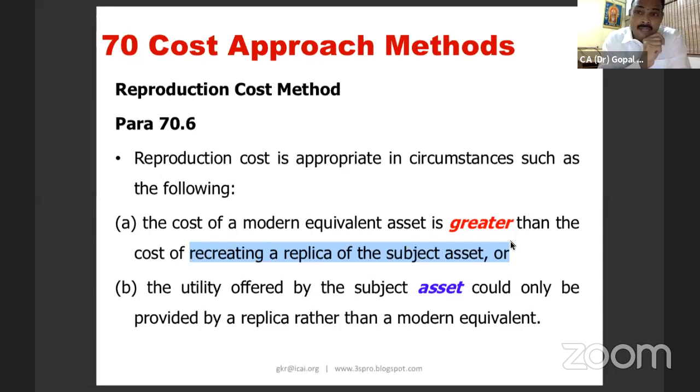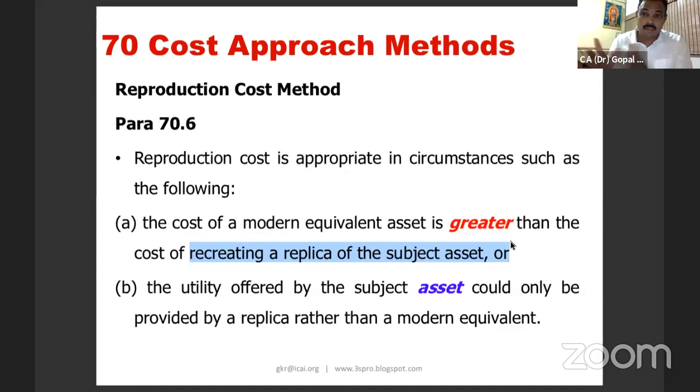Now in a distressed sale, the minimum is at cost. I don't want to give less than the cost. That will be the fundamental criterion. So the same Haveli, if I remake it at today's prices, it will be very costly.